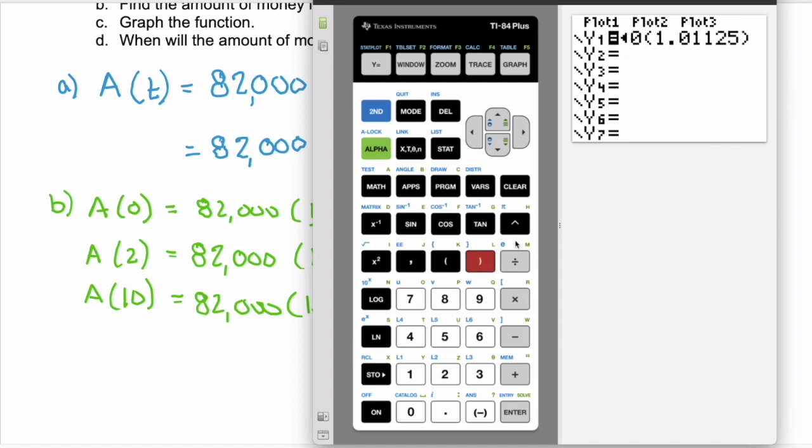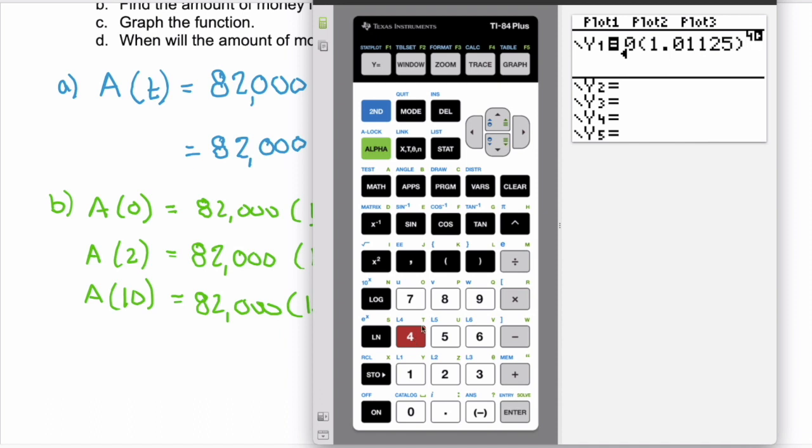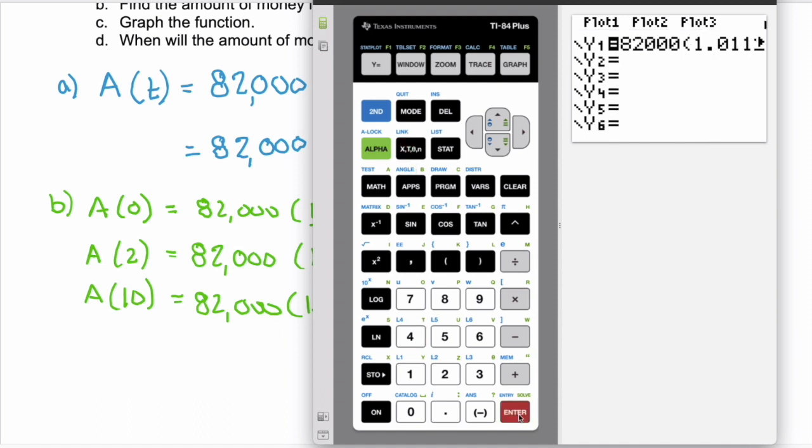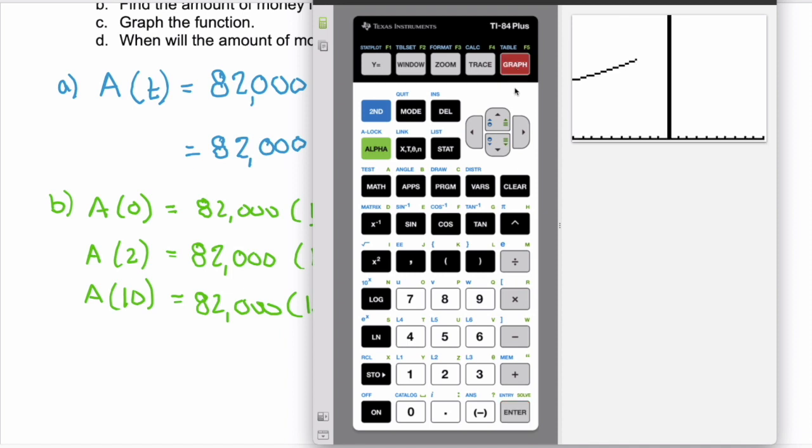We can close the parentheses. That value is to the exponent of 4 times x. And then we'll hit enter to save. And then if we hit the graph button, it's going to give us a graph, and we see that we have that exponential graph.